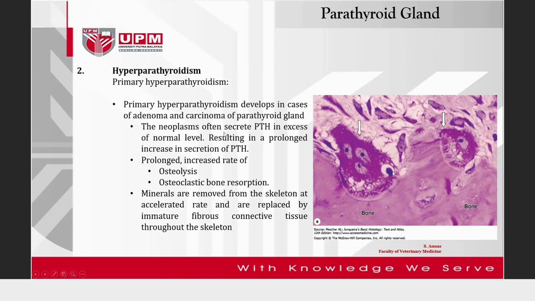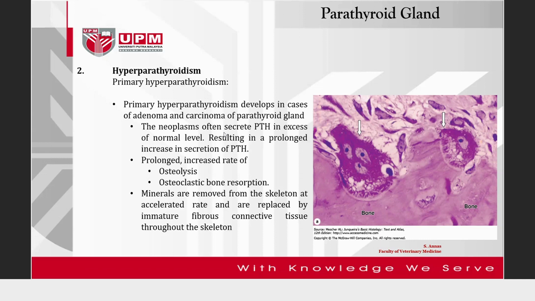For example, the osteoclast is like this. They are multi-nucleated cells in the bone marrow, and they are located in the Howship's lacuna like this, right? Because they are actively involved in bone resorption.